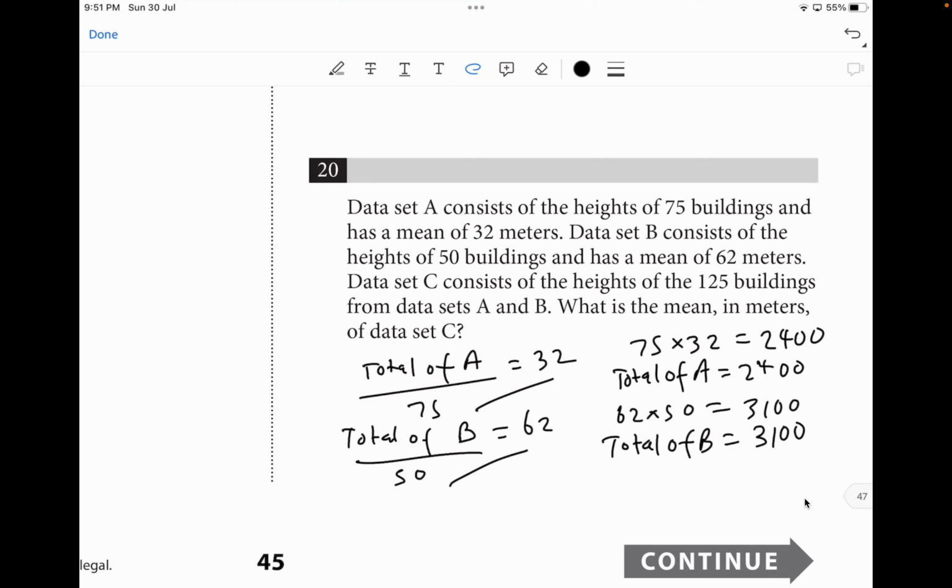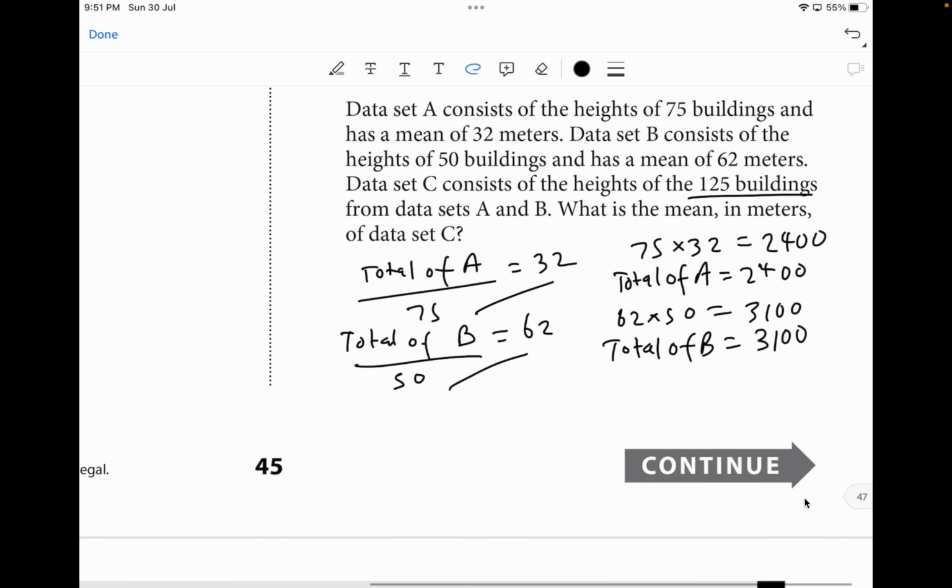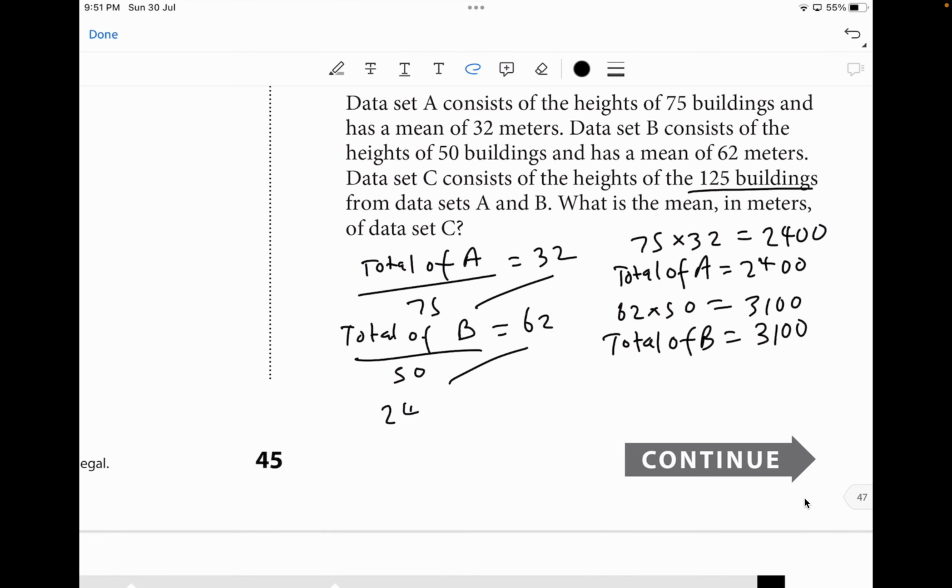Okay. Now, what is the mean of data set C? Data set C consists of the heights of 125 buildings. So if we add both the buildings of 75 and 50, it gives us 125. So all you need to do is just add 2,400 plus 3,100 divided by 125 buildings.